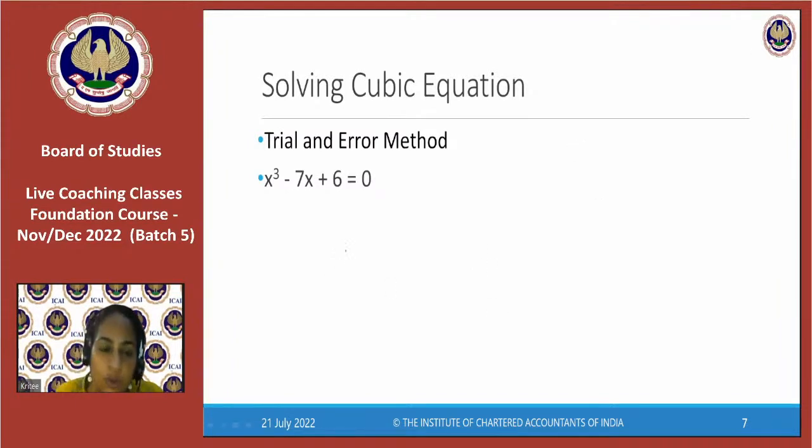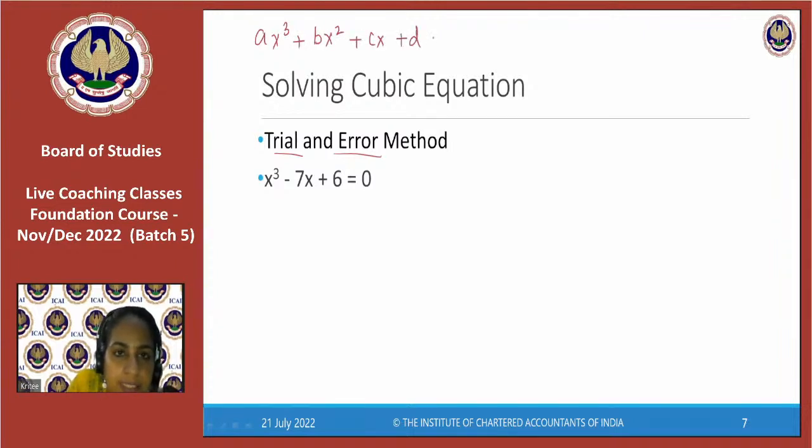So for solving a cubic equation, there is only one way of doing it, and that is known as the trial and error method. So what you do once again, this is a kind of hint that works. A cubic equation looks like this: ax cube plus bx square plus cx plus d equals 0.